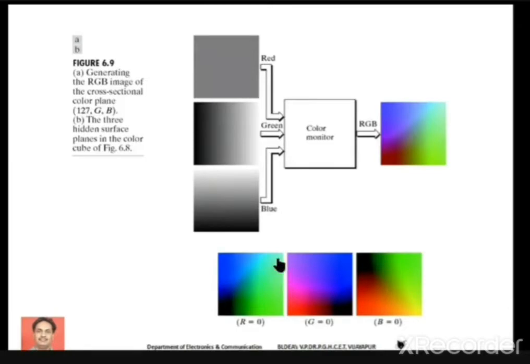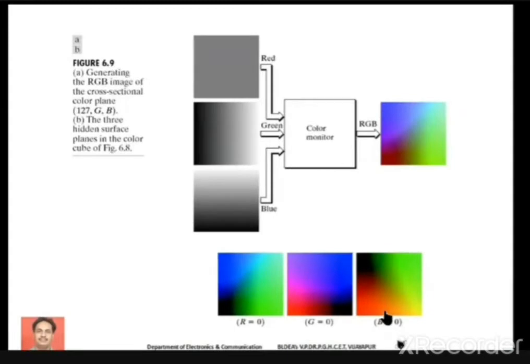Here you can observe, this is the red color filter, which indicates that it is going to filter red color where R is equal to 0, right? And next we have the green color filter where G equal to 0, and similarly blue equal to 0 represents the blue filter.